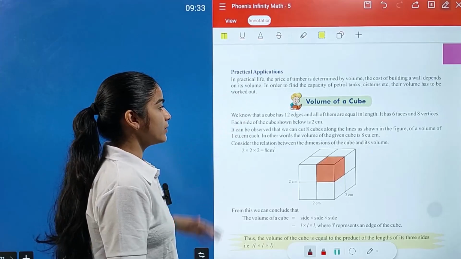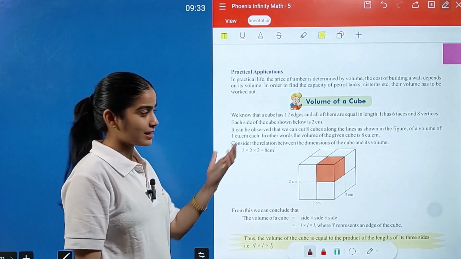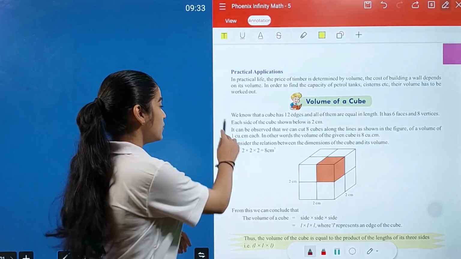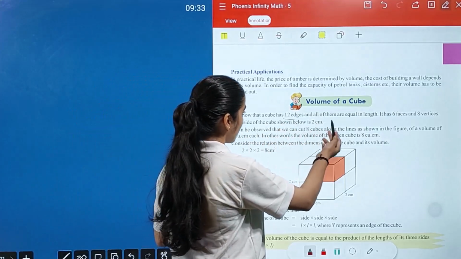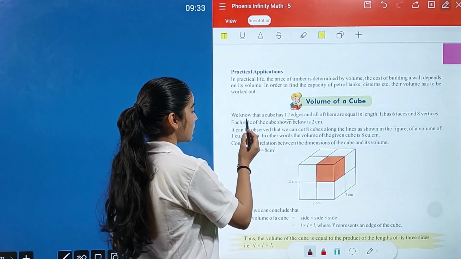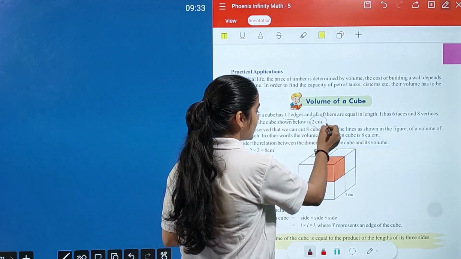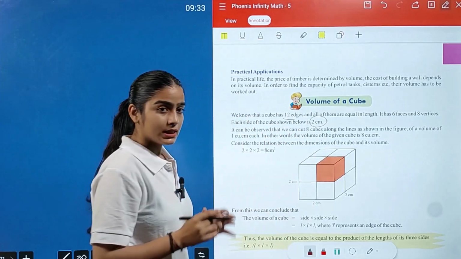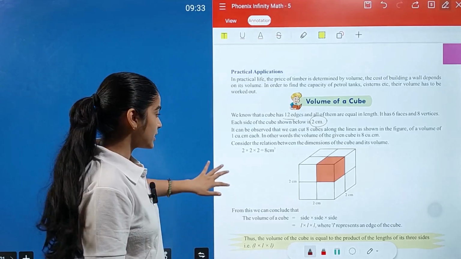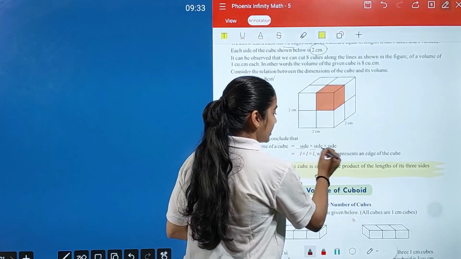Now we deal with the volume of a cube. The first solid shape we learned in earlier classes is the cube, so let's start with it. We know that a cube has 12 edges, all equal in length, 6 faces and 8 vertices. Each side of the cube shown below is 2 centimeters. In this case, you multiply 2 centimeter, 2 centimeter, 2 centimeter, which means side into side into side.